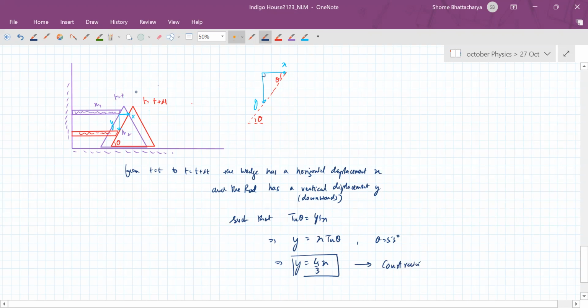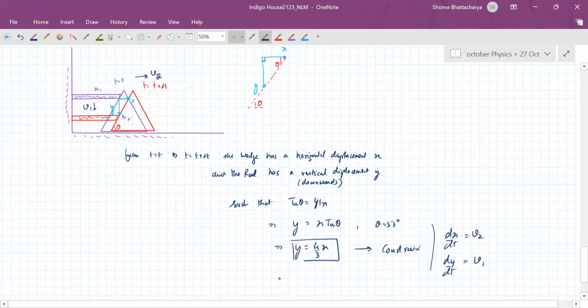Now, since the wedge is moving with V2 like this, and the rod is moving with V1 like this, you can see that dx by dt is V2, and dy by dt, the rate of change of downward displacement, is the downward velocity V1.